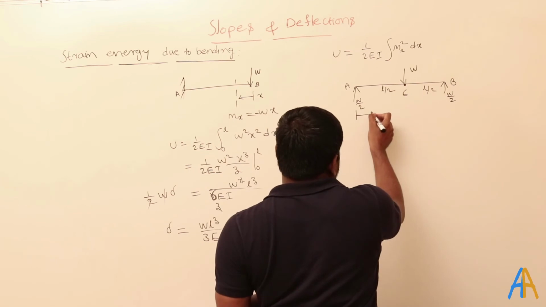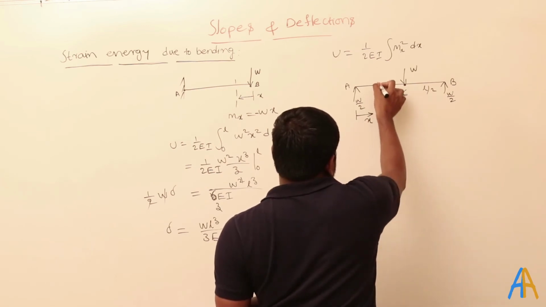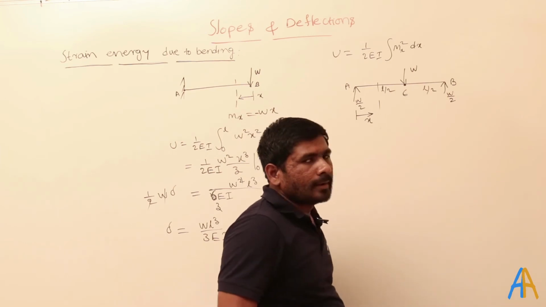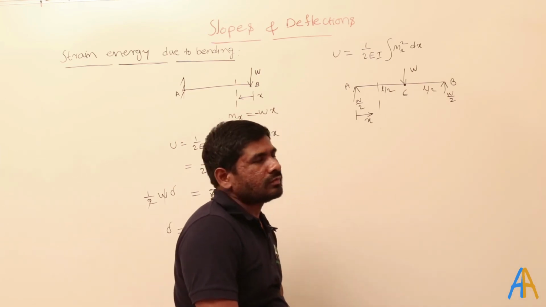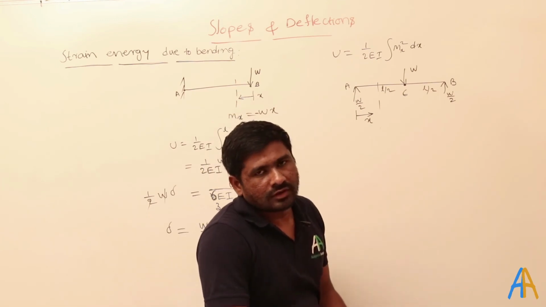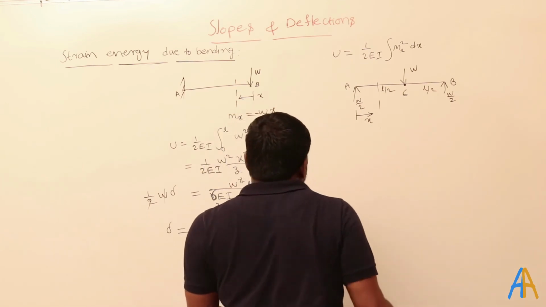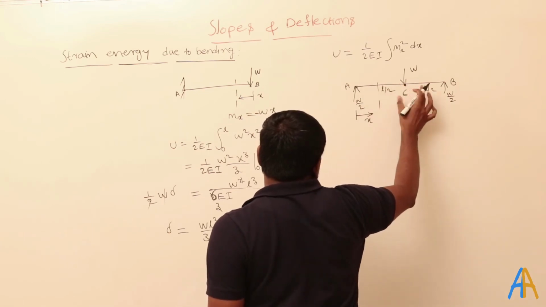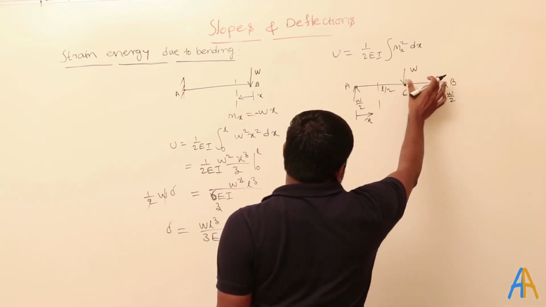If I go from A, then it is X here. I need to find out the strain energy for the entire beam. That is my concept here. How to find it out? If I find the strain energy from A to C and double it, that is nothing but C to B.